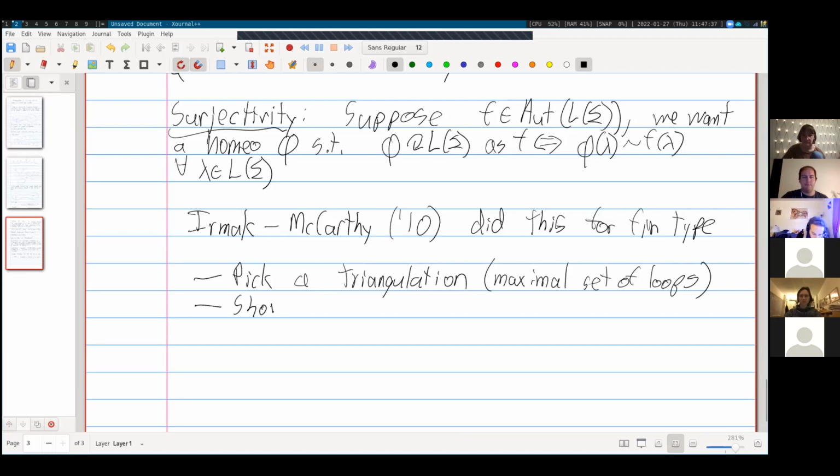Then we pick a triangulation and show that after we apply our automorphism to this triangulation, it still gives us triangles.